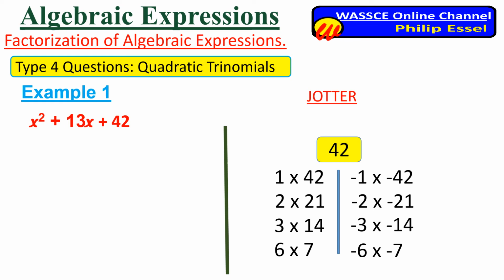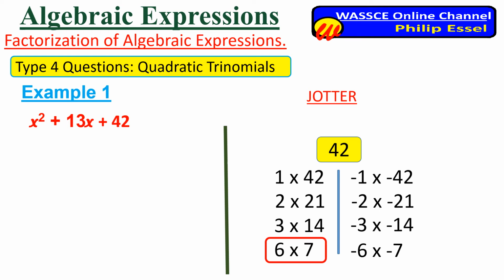When you go through carefully, you'd realize that the only pair that would give us 13 when added together is the 6 times 7. The other pairs will never add up to 13, and I mean positive 13.